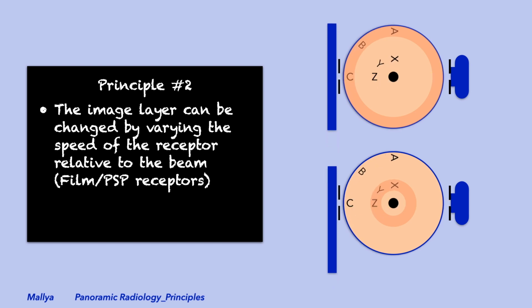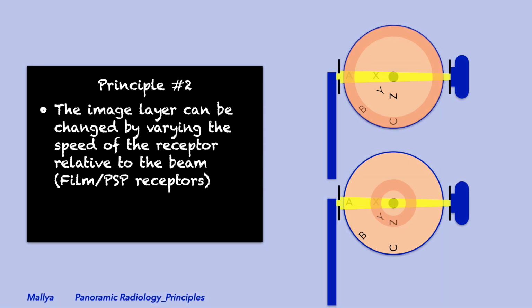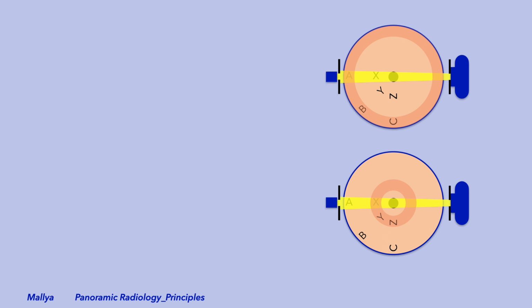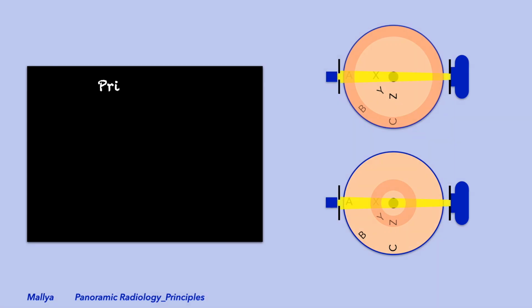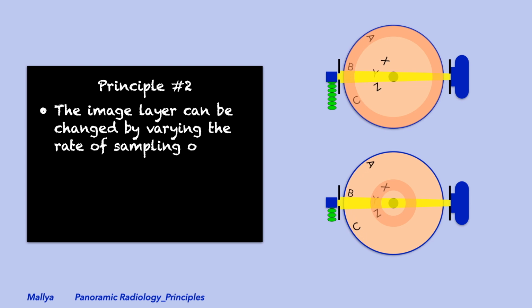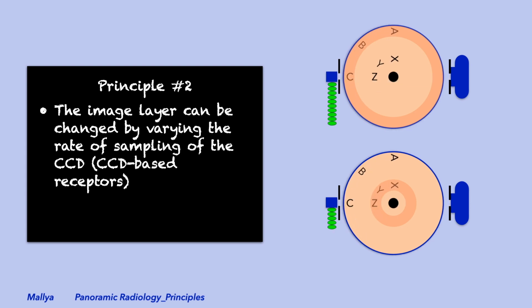This holds true for film and storage phosphoreceptors where there is a physical movement of the receptor past the collimator. In CCD-based panoramic machines, a linear array of detectors is affixed behind the collimator and does not move during the exposure. In these units, changes in the receptor speed are simulated by varying the rate of sampling of the CCD receptor.